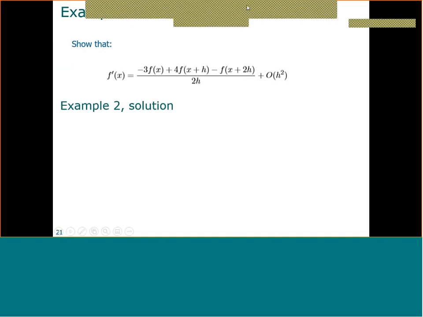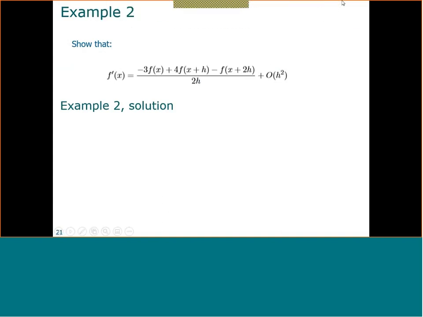As we mentioned before, we showed three different types of formulas for the derivative: forward, backward, and central divided difference.